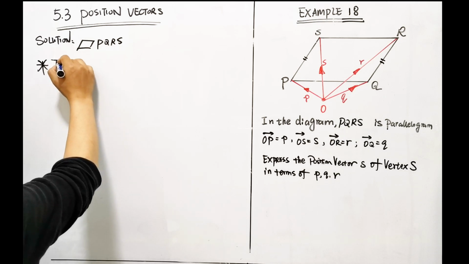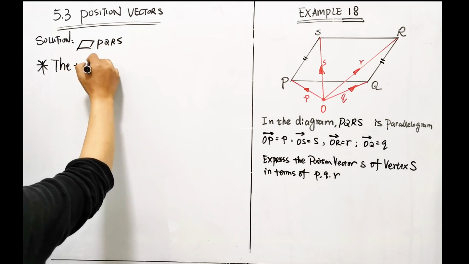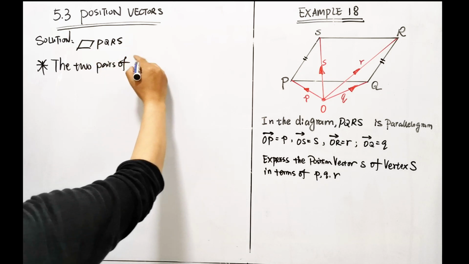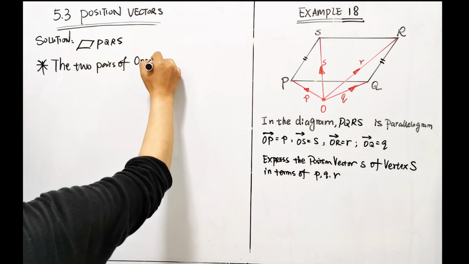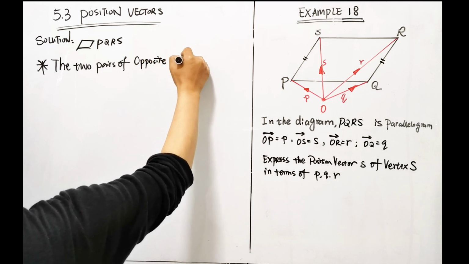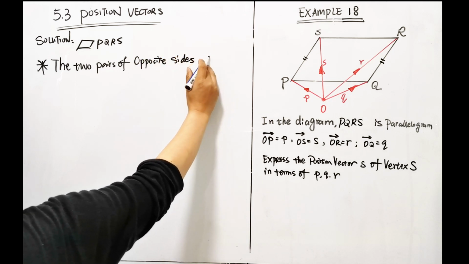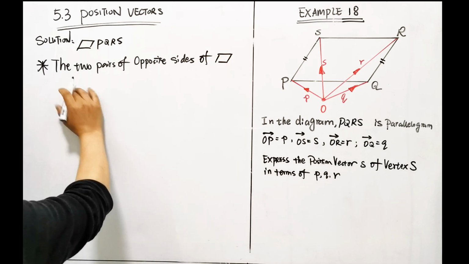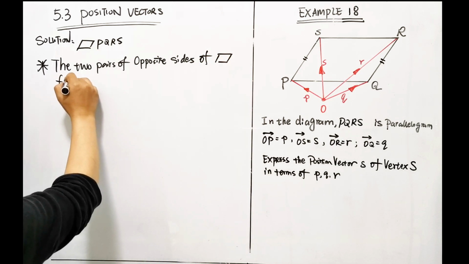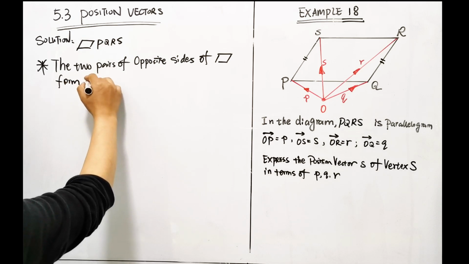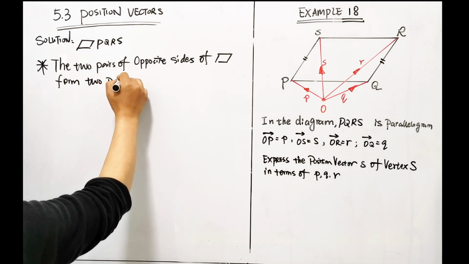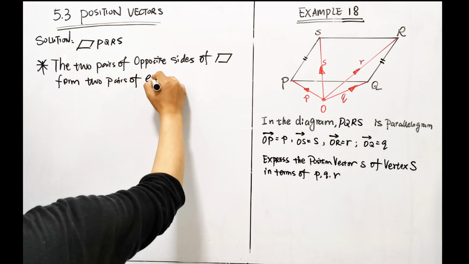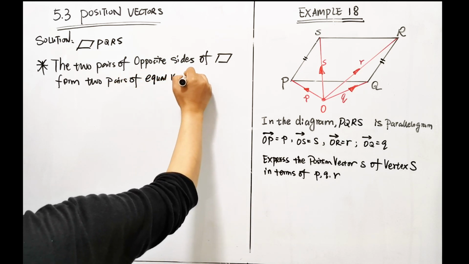So I just write here: two pairs of opposite sides of a parallelogram form two pairs of equal vectors.